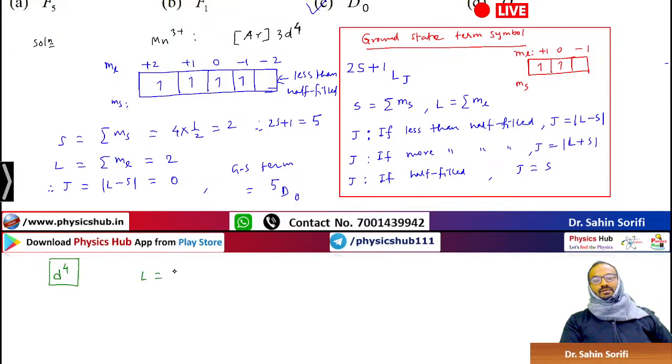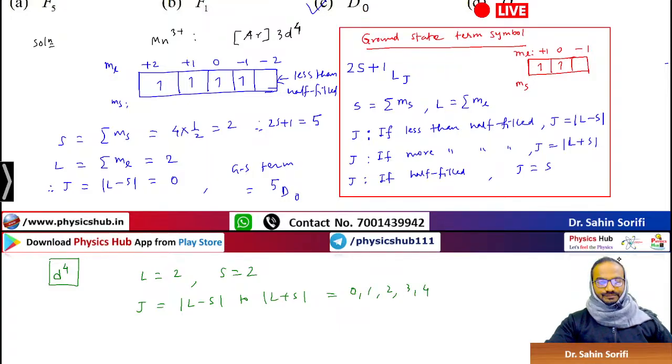So L we can get 2, S we can get 2. We have calculated it. So what will be the possible J values? J values will be L minus S to L plus S: 0, 1, 2, 3, 4.